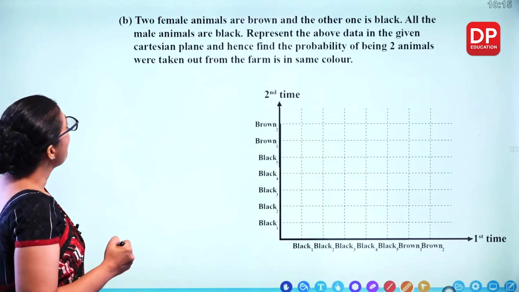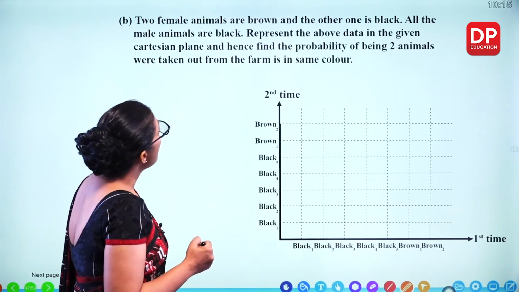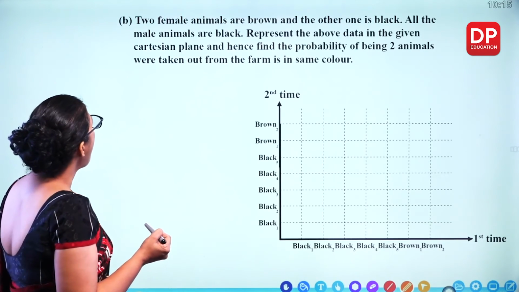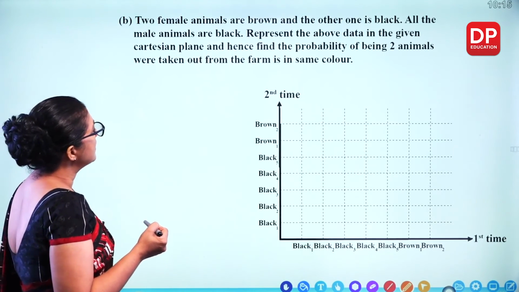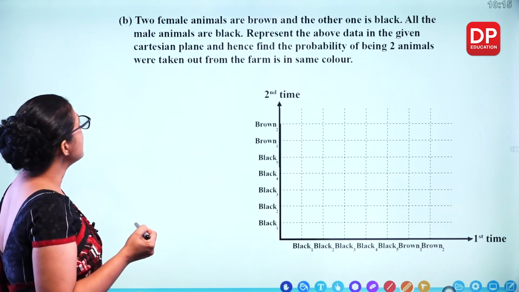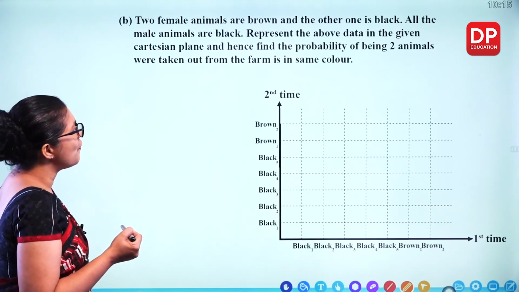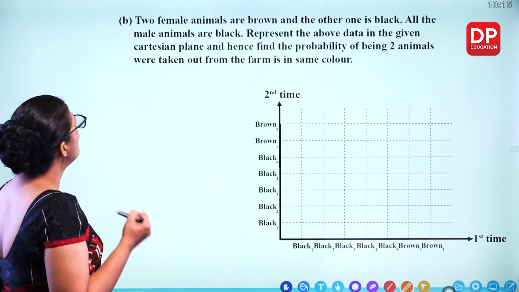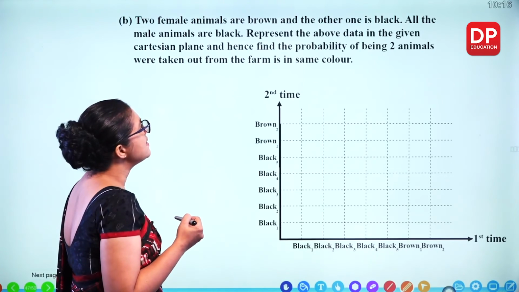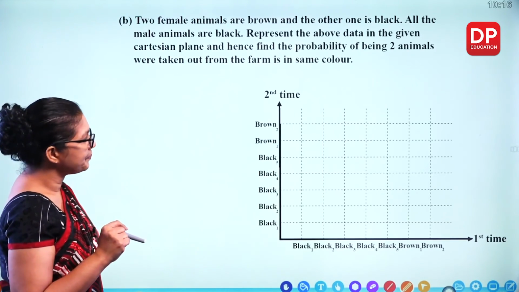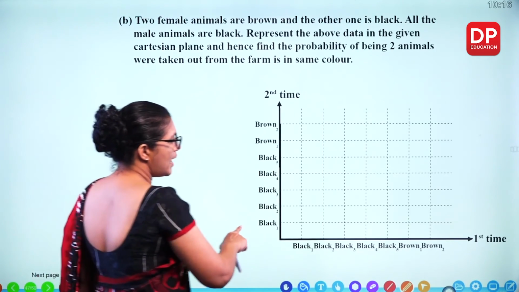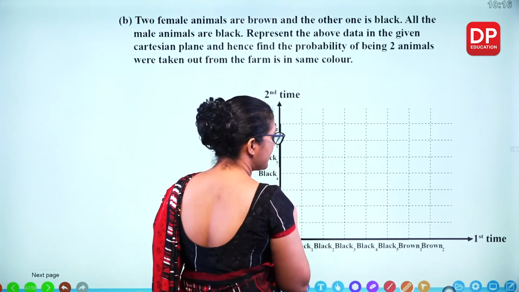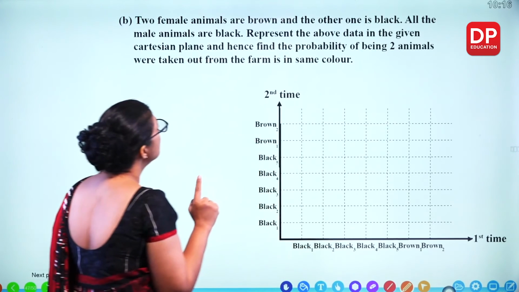Part B. 2 female animals are brown and the other one is black. All the male animals are black. Represent the above data in the given Cartesian plane and hence find the probability of the 2 animals taken out from the farm being the same color. So when you take the first time, you can label black 1, 2, 3, 4 like that.